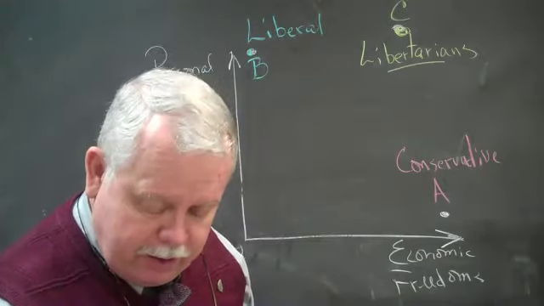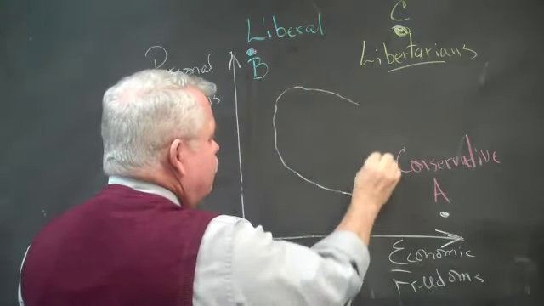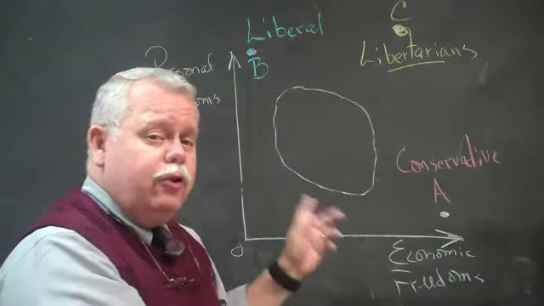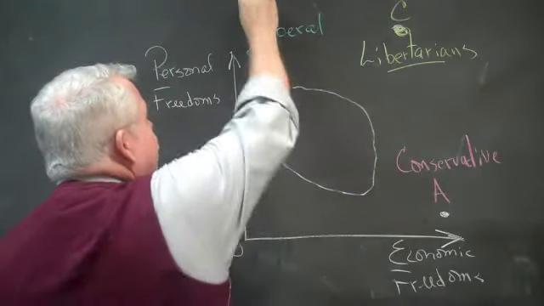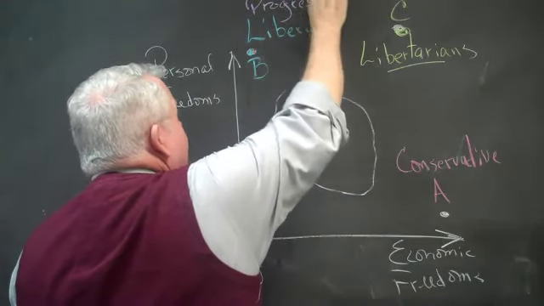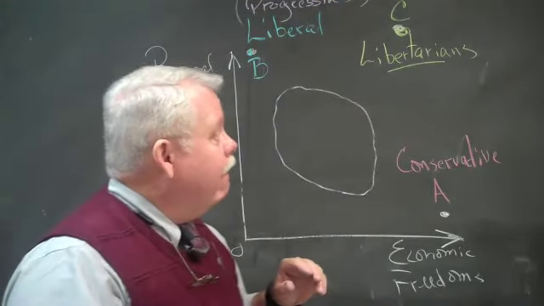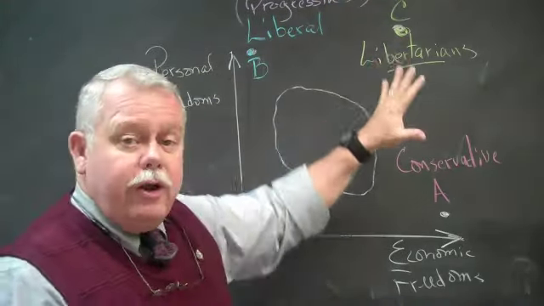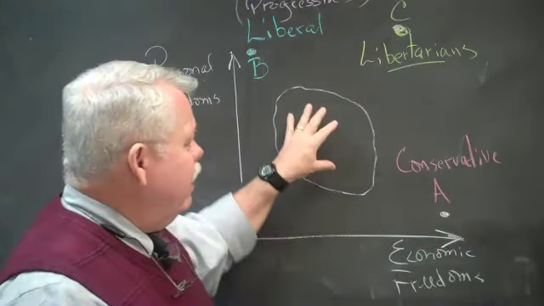And then finally, we've got to ask, what about the people out in here? I mean, where are you on this chart? Are you a liberal? By the way, they sometimes like to call themselves progressives, in case you hear that term, okay? Or are you a libertarian, or are you more conservative in your views? But what about these folks out here?